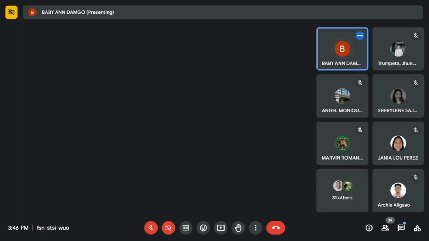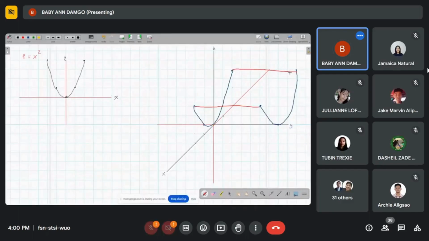And then we will create the line parallel.